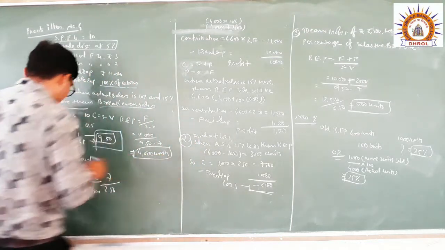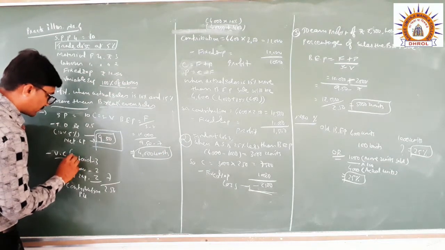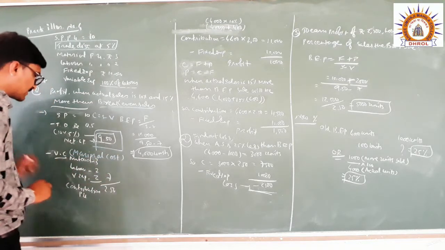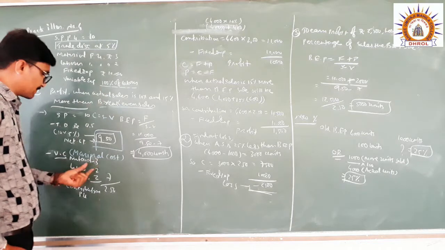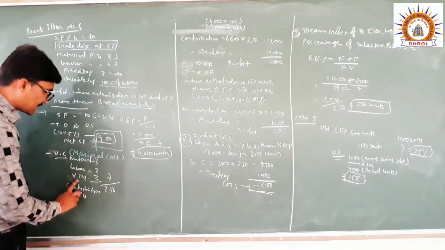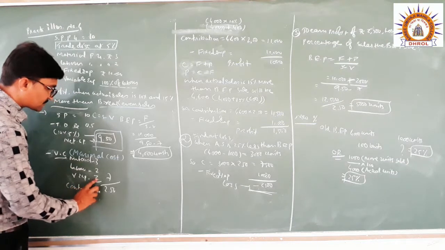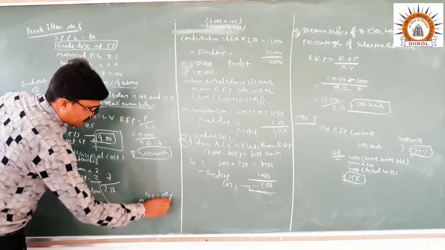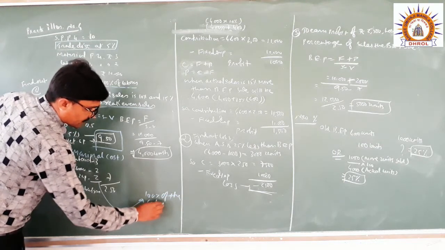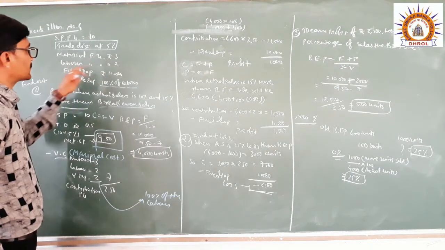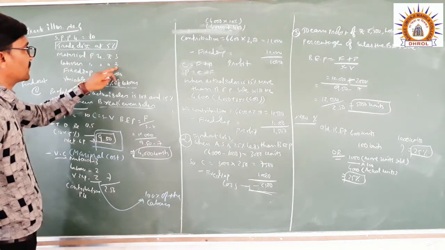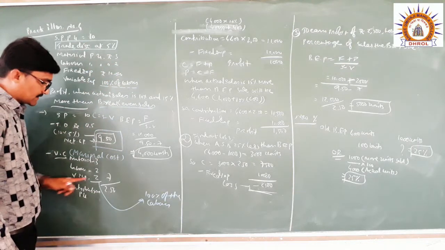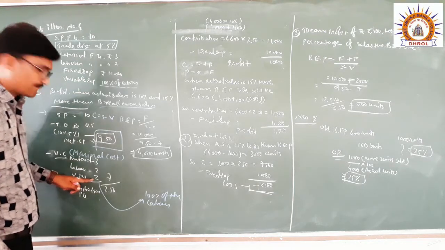So the total of all variable costs becomes the marginal cost also. Material is rupees 3 per unit, labor is 2 rupees, and the variable expense is rupees 2. How will it come? It is 100% of the amount of labor. Whatever the price per unit of labor, rupees 2 here, the same thing is considered as variable expense, rupees 2.